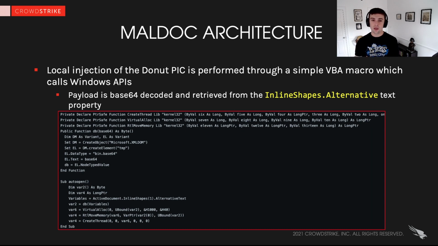Using the VBA macro, we index the InlineShapes.AlternativeText property from the image that we've stored, base64 decode it, then perform local injection using VirtualAlloc and CreateThread.